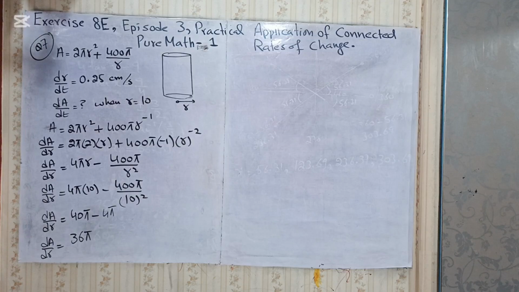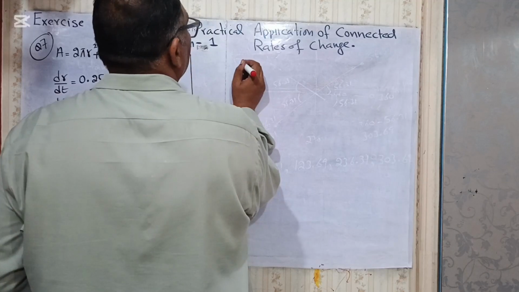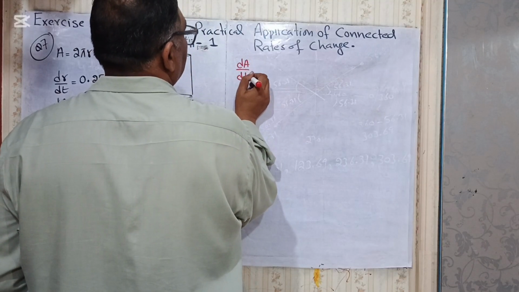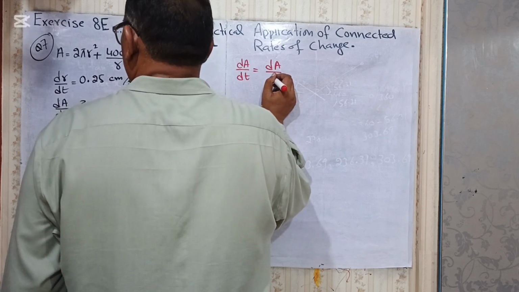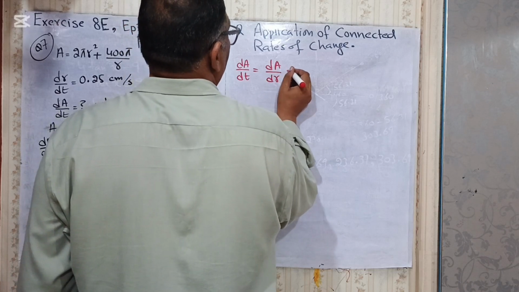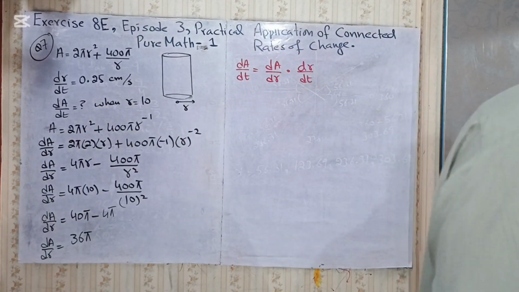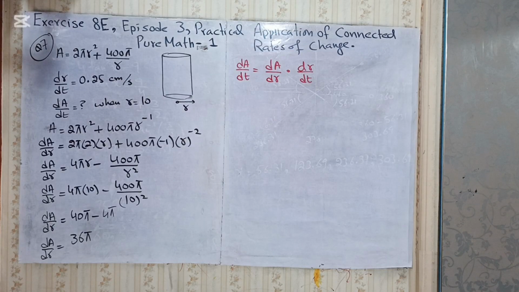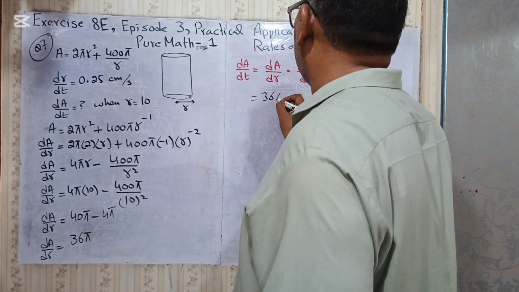Now I will apply my chain rule because I want to find out the value of dA by dt. The chain rule says dA by dt will be equal to dA by dr into dr by dt. So this is the chain rule, and I will apply this. dA by dr, its value is 36 pi.